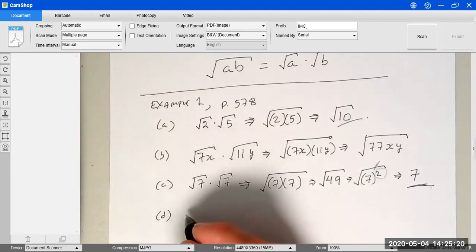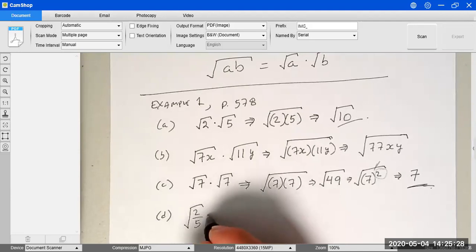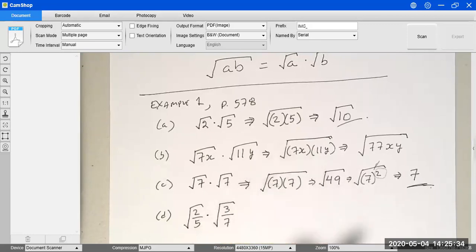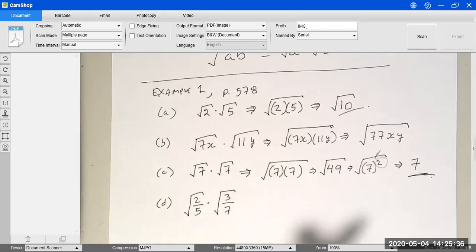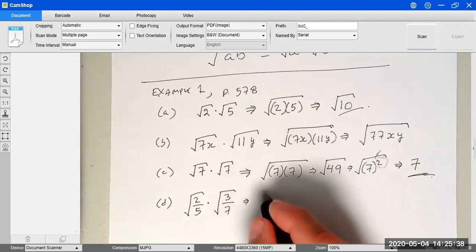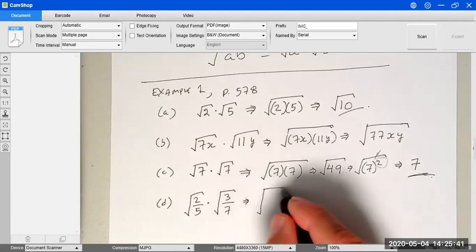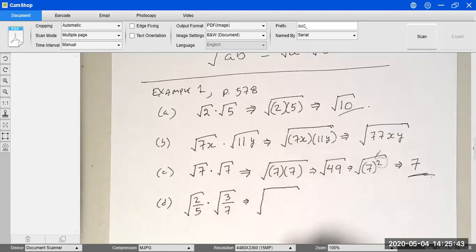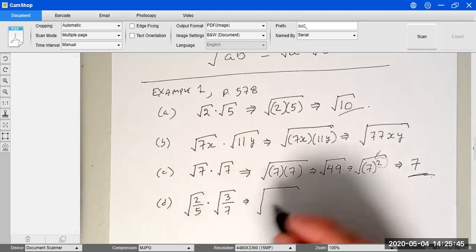One more. So we have the square root of 2 over 5 that multiplies the square root of 3 over 7. So we're going to combine these radicals into a single one. The first radical is 2 over 5.